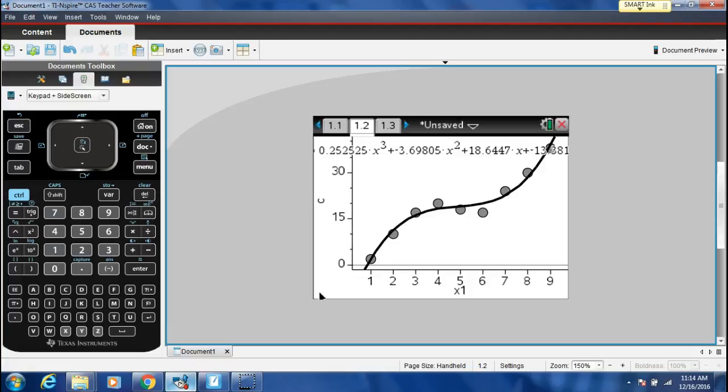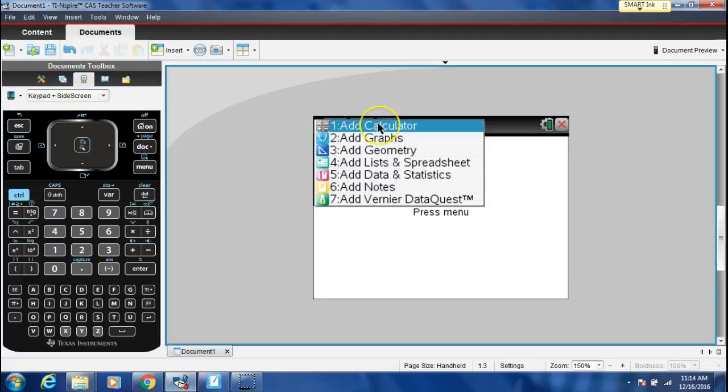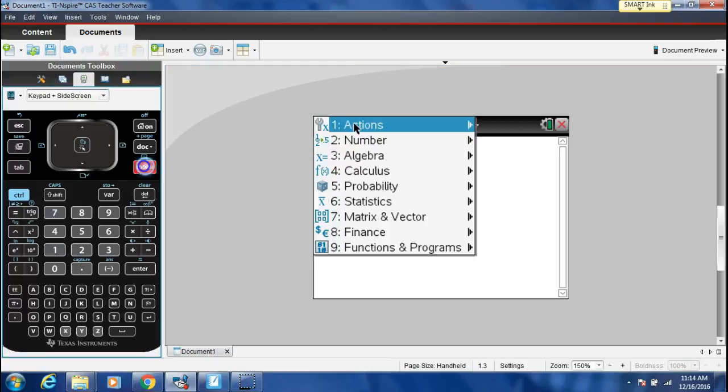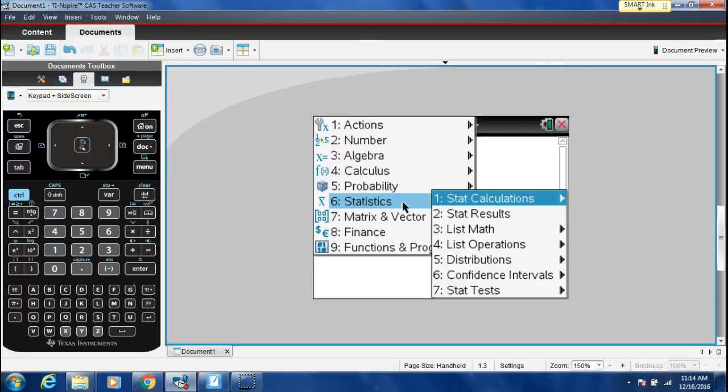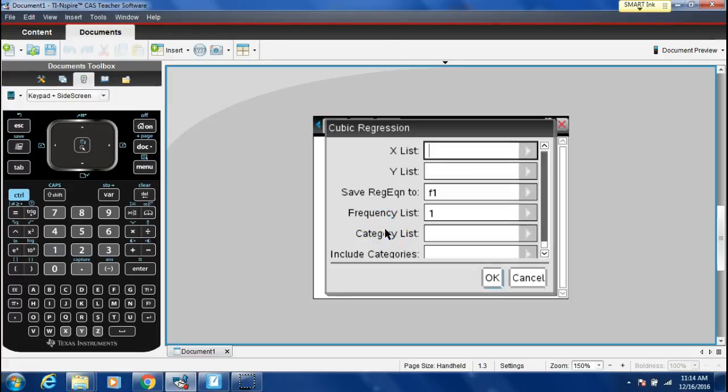Now, another way that you could do it, and this is going to help you out later on, so pay attention here, instead of writing that down. Okay? I'm going to start a new page, and I'm going to add a calculator this time. And what I'm going to do in that one is run my statistics calculation of a cubic regression.